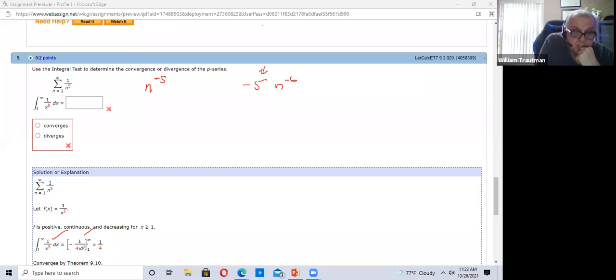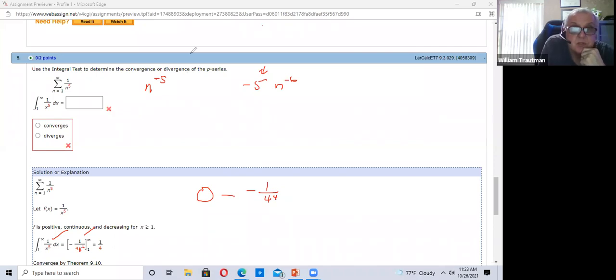You plug infinity in there, you're going to get 0. The first part is 0, but then you have the minus, and then you plug 1 in there, you get a negative 1/4.